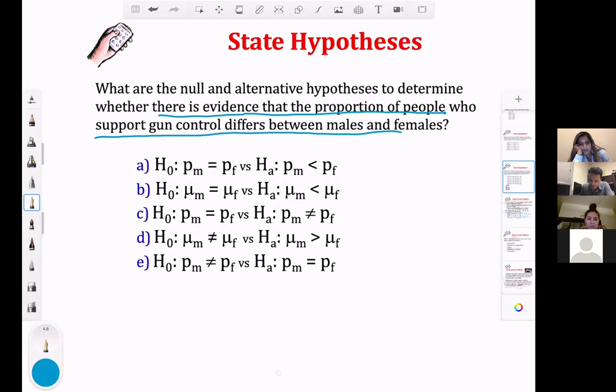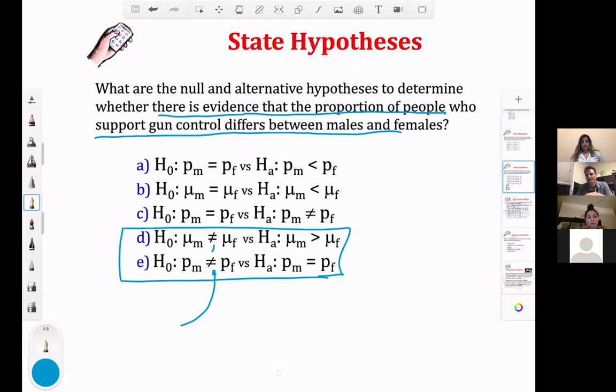So we can just delete these two. These two are out, correct? Why are they out? Because we can only have the equal sign for the null hypothesis.